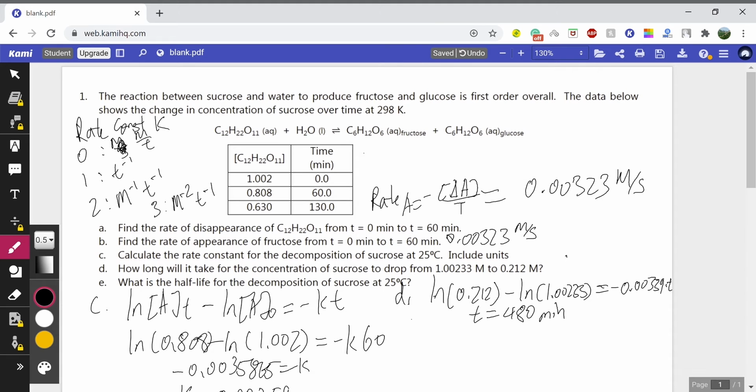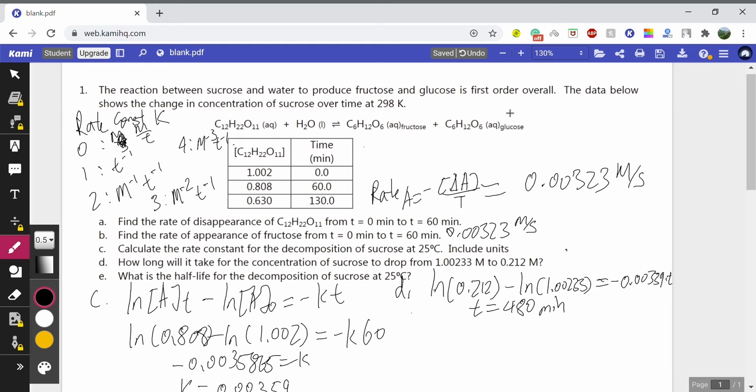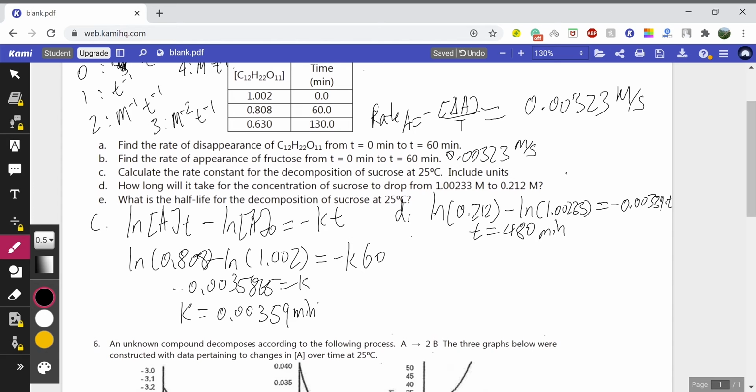Fourth order is M to negative third, time to negative first, etc. Time does not change, it's only the molarity concentration that is changing. So we know this is a first order reaction, so the unit is time to negative first power, which in this case is minutes to negative first power.